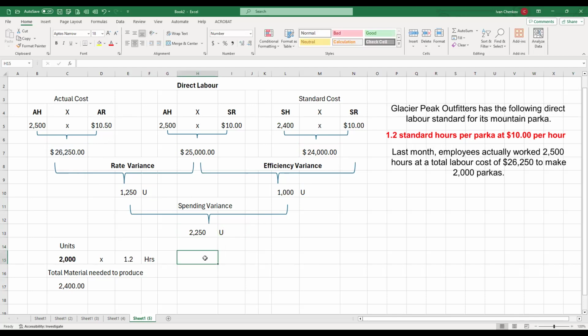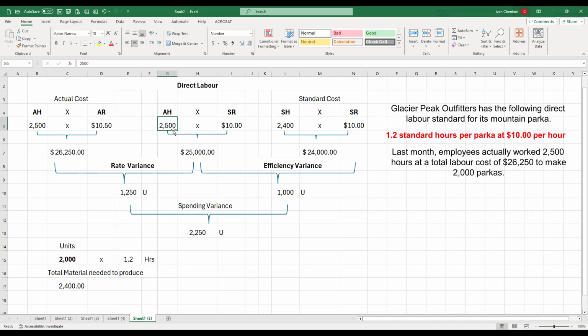So let's think about what happened here. First, we produced 2,000 units. Based on our standards, our workers were supposed to work 2,400 hours. But because we pay them only $10 per hour, they figured out that if they increase the hours without increasing the production, they can generate more profit for themselves.